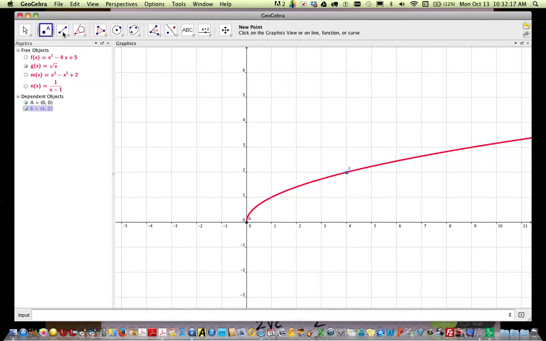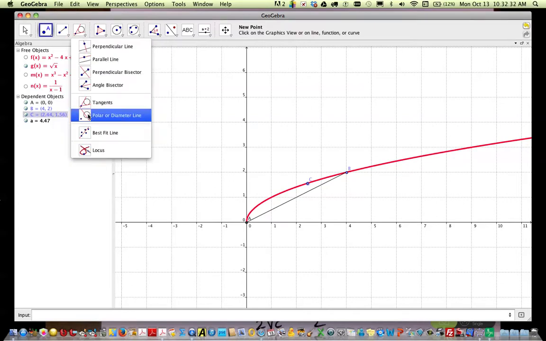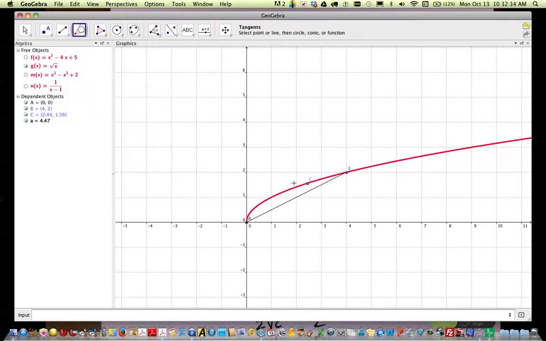We're going to draw a line segment through those 2 points. We're going to put another point on the graph. And we're going to tell it to make a tangent line to this graph at this point.